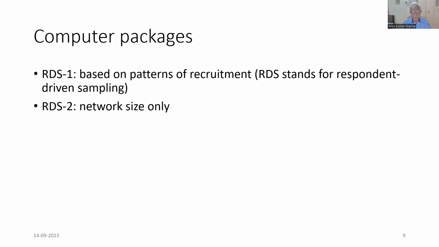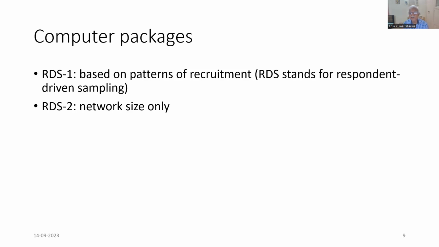But if somebody wants to use it, snowball sampling has been used by both quantitative researchers as well as qualitative researchers. So quantitative researchers also look for improved estimates by using different statistical or analytical methodologies, and RDS1, RDS2 help in achieving those purposes.